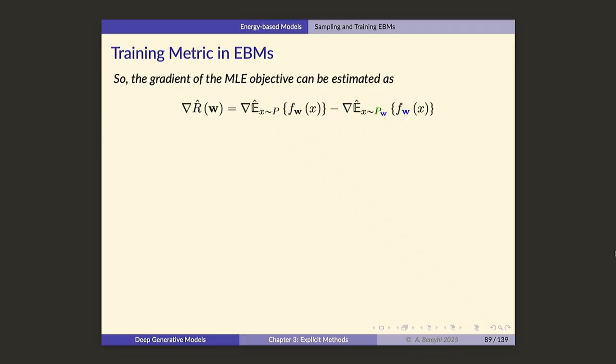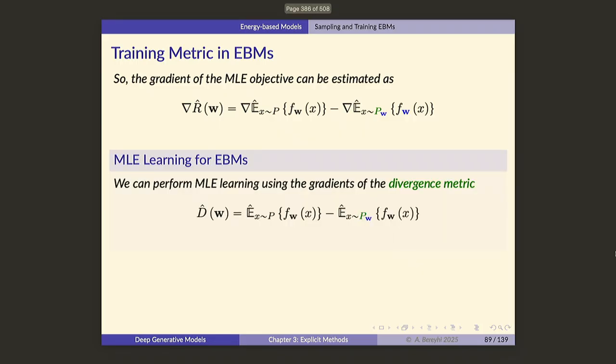You once average it over the data distribution, and once over the Boltzmann distribution, and then you subtract them. You find the divergence between these two. This is the thing you need to minimize, or compute the gradient of, in order to train your energy model. Everybody's cool?